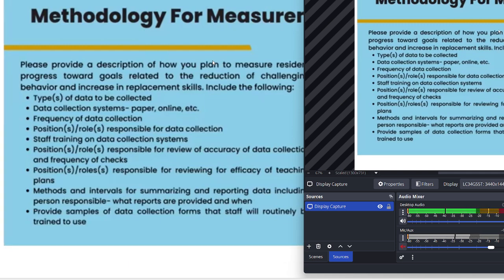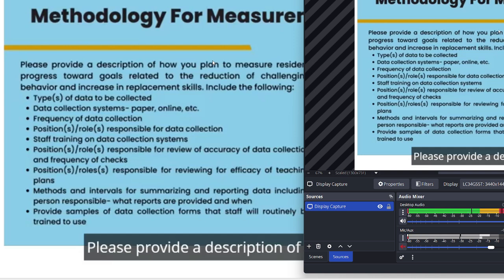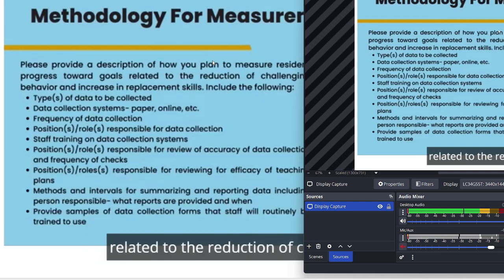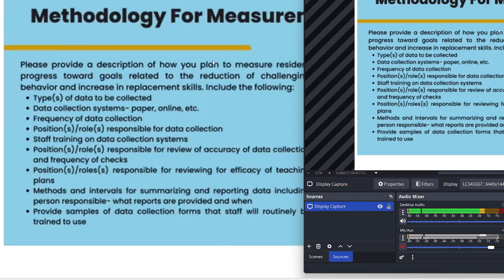Methodology for measurement. Please provide a description of how you plan to measure resident progress toward goals related to the reduction of challenging behavior and increase in replacement skills.